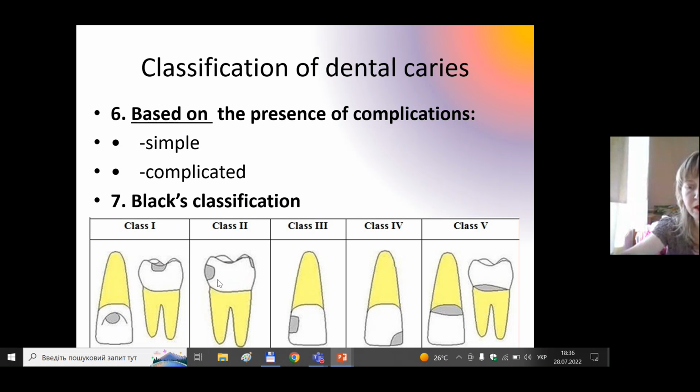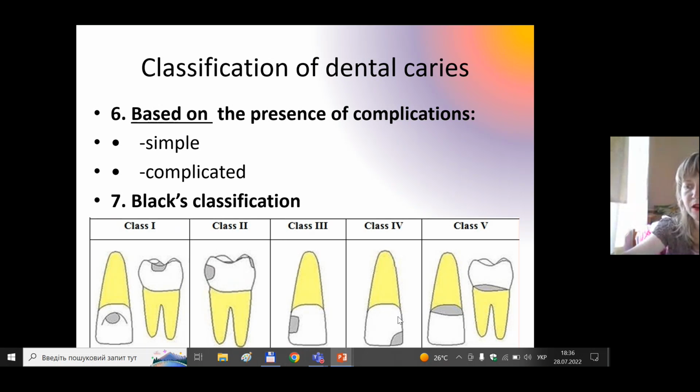Second class: caries cavities that are localized on the proximal surfaces of the posterior group of teeth. Class third: caries cavities that are localized on the proximal surface of the anterior group of teeth. The posterior group of teeth is molars and premolars, and the anterior group is incisors and canines.